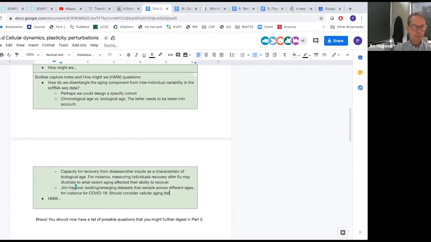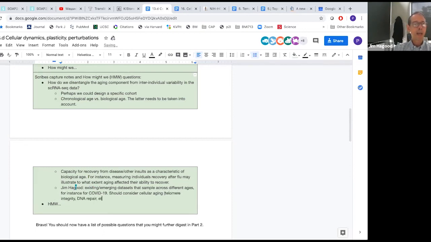And we see that in idiopathic pulmonary fibrosis, where even in sporadic cases that aren't thought to be genetically determined, we're finding a large percentage of individuals who have genetic variants related to telomere maintenance and DNA repair.